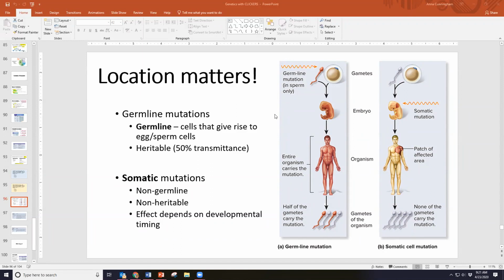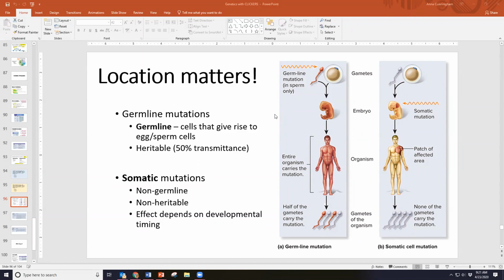But a lot of the germline mutations are not survivable, which is one of the reasons that we do actually see a very high rate of miscarriage. And that's because germline mutations are not exceedingly uncommon.